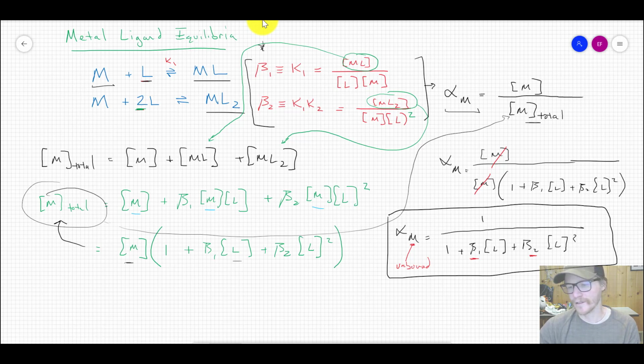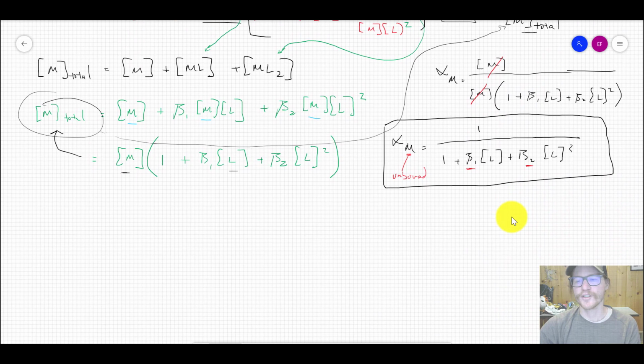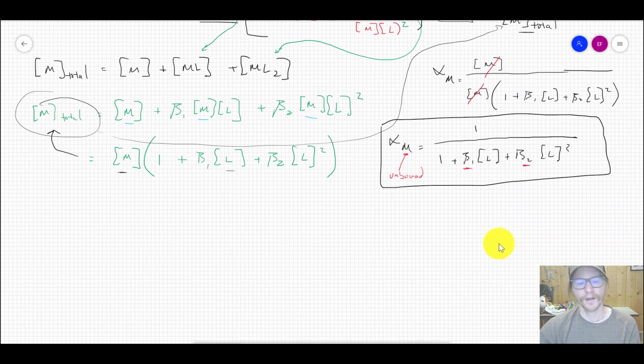Not all ligands are created equally. Some can form 1, some can form 5 or 6. So we need a generic expression for this as well. So the generic expression here would be, let's do this in blue.